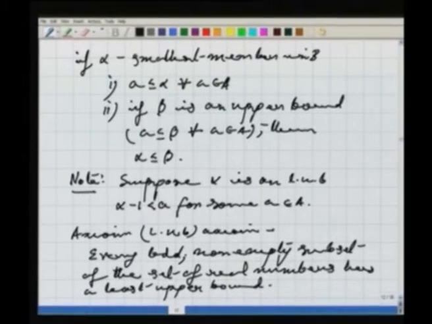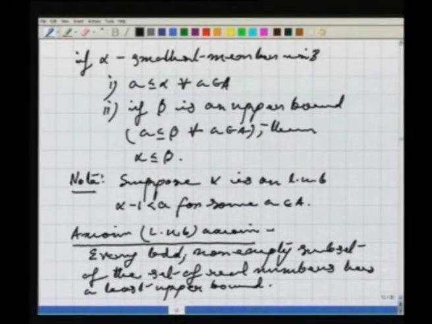This LUB, or least upper bound, which we have defined, is also known as the supremum, and the LUB axiom is also known as the supremum axiom, the completeness axiom or the completeness property.